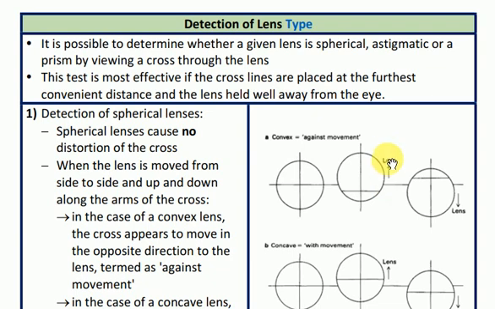So if the lens is moved upward, the cross moves downward. In case of plus lenses, the movement is opposite. The lens movement and the cross movement are opposite. In case of plus lenses, there is against movement.